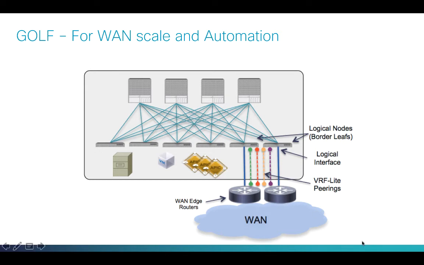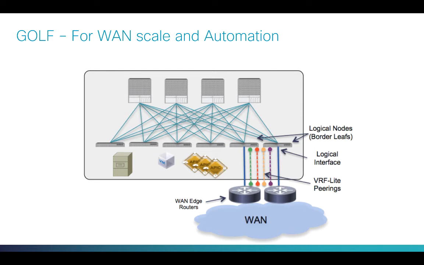So instead of creating a layer 3 out per VRF per tenant from the border leaves, what Golf will do is we will create a layer 3 out in tenant infra between the spines and what will be the Golf routers, and we'll create that adjacency and be able to use route distinguishers and route targets for all of our user tenants to be able to ride this MP-BGP connection in tenant infra, thereby allowing us to simplify configuration and scale the number of layer 3 outs and VRFs out of ACI in a very graceful fashion.